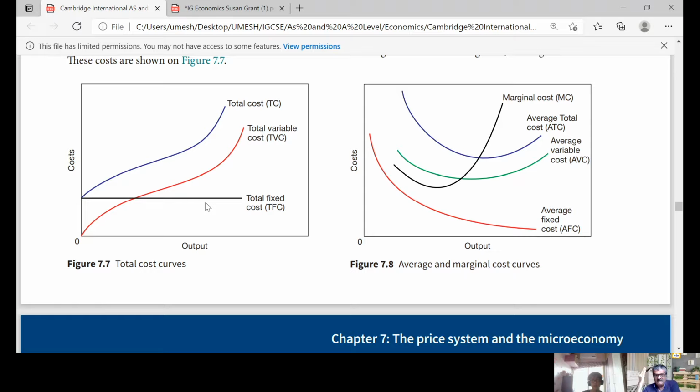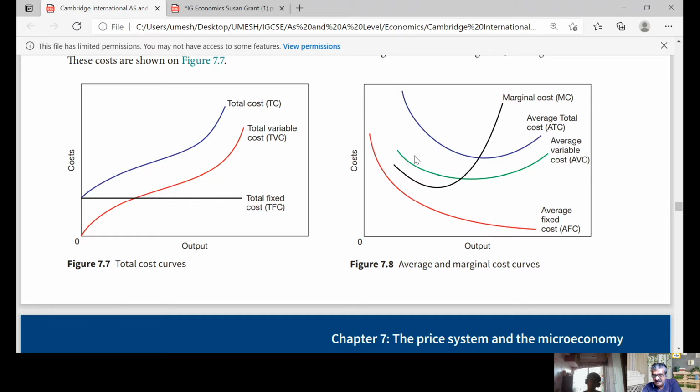7.7. Okay, now it's 7.8. 7.8 says about average fixed cost, average variable cost, average total cost, and marginal cost. There are 4 costs that we are looking at. So average fixed cost always drops down. As you increase the output, it falls down. Average variable cost and average total cost have a U shape.